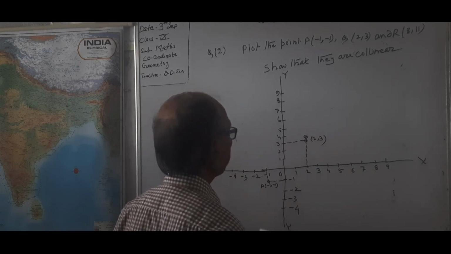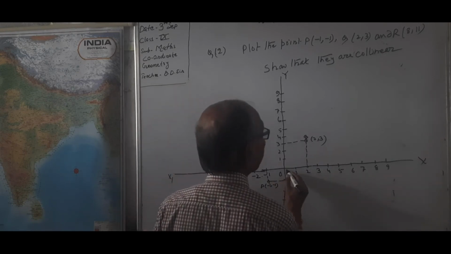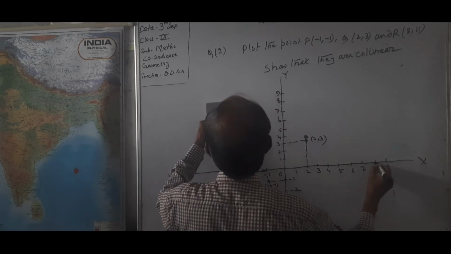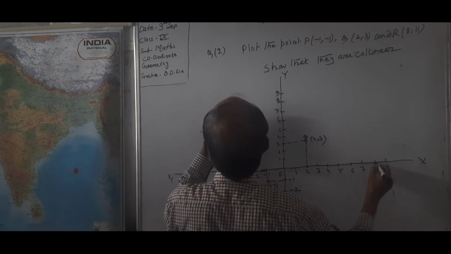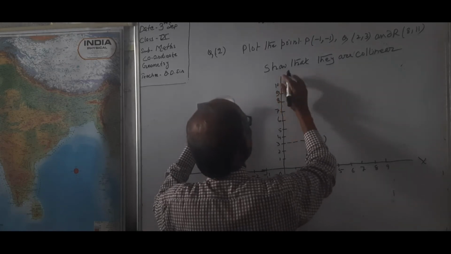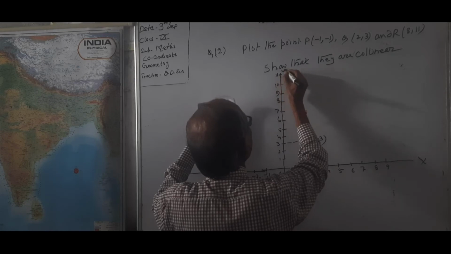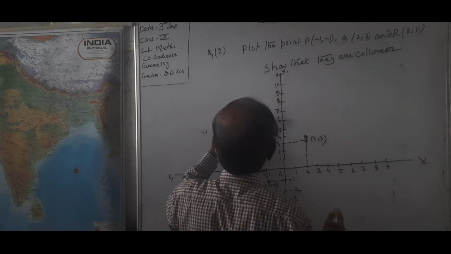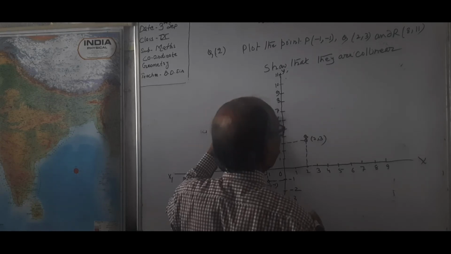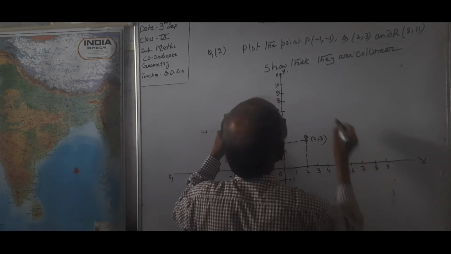Point R is 8, 11. This is 8 on the x-axis and 11 on the y-axis, 9, 10, 11. So what are the coordinates of this point? x coordinate 8, y coordinate 11.